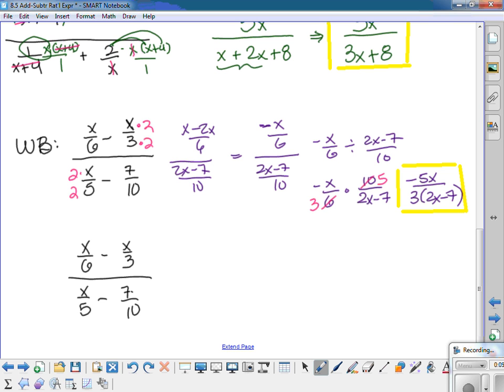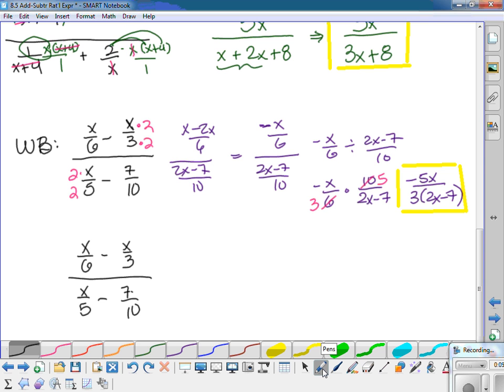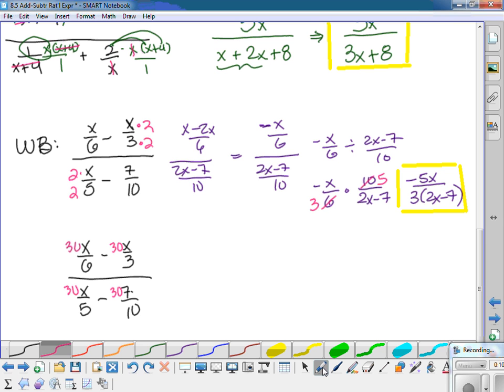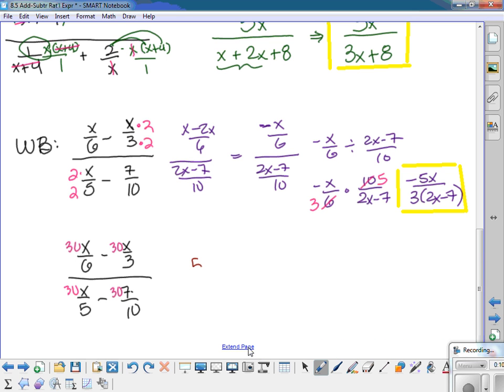All right, so what is the LCD for 6, 3, 5, and 10? 30. All of them will go into 30. So I'm going to multiply all of them on top by 30. And so if I reduce it, 6 goes into 30 5 times, so I have 5x. 3 goes into 30 10 times, so I have minus 10x.